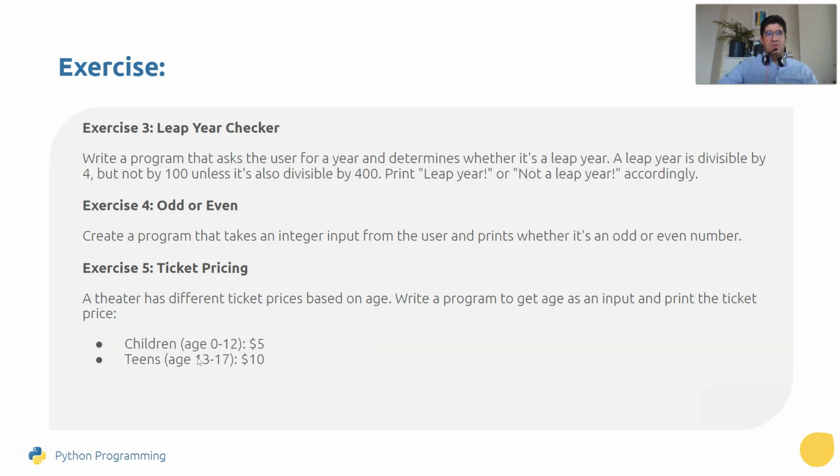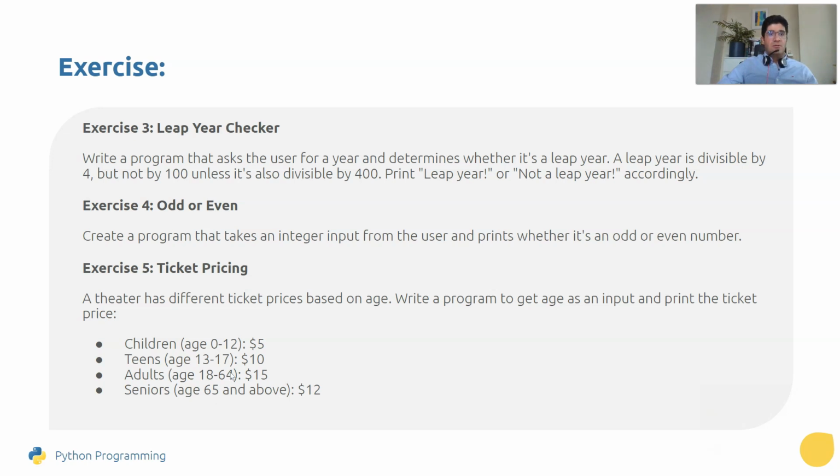Teens between 13 to 17, price $10. 18 to 64, price is 15, and for the senior citizens, price is 12. So let's write a program for the last one. I think it will be nice to see how to write a program for the last one.